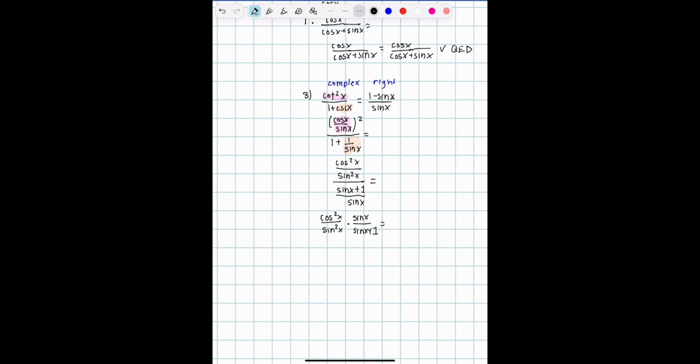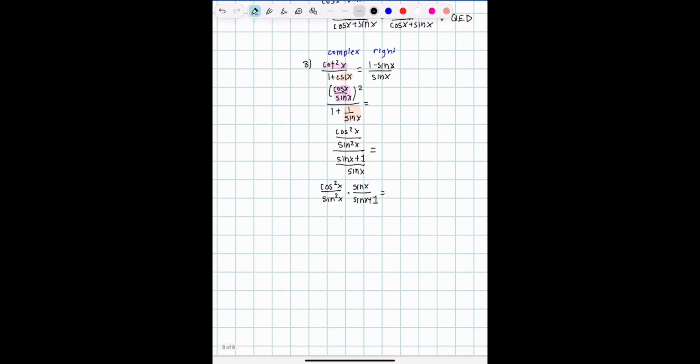And from here you just multiply the numerator times the numerator and the denominator times the denominator. So you're gonna have cosine squared of x over sine of x times sine x plus 1. And the reason why one sine disappeared is because one would be canceled out from having a common factor.